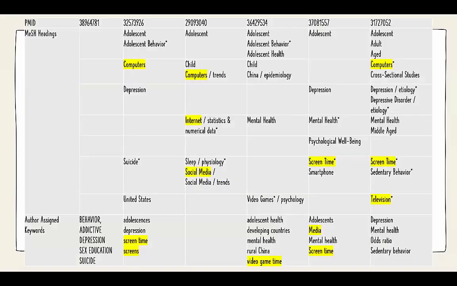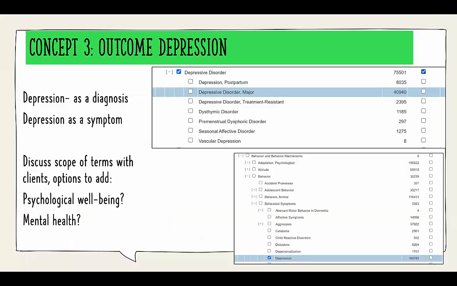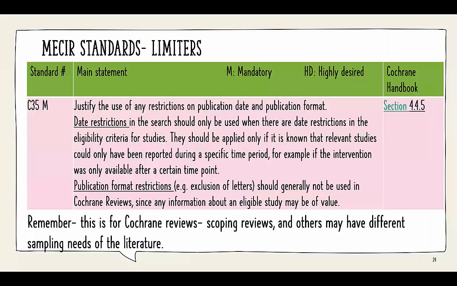There were some headings in here like mental health, well-being, and some other terms that would expand on not just depression, but all of mental health. So getting into anxiety and other things. And that's something you would have to talk to the team about. Do they want to go that broad in their thinking, or do they really only want depression? And do they only want clinical depression? That's something you would get from the team.